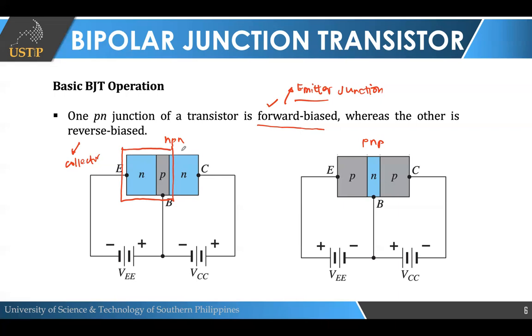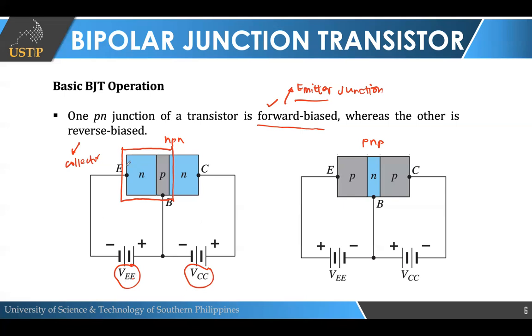If you can recall the midterm discussion, by now it should be second nature to you. For forward bias, the N, or the negative terminal, should be connected to the negative terminal of your V bias. Now, our V bias here is named VEE for the emitter, and then VCC for the collector.